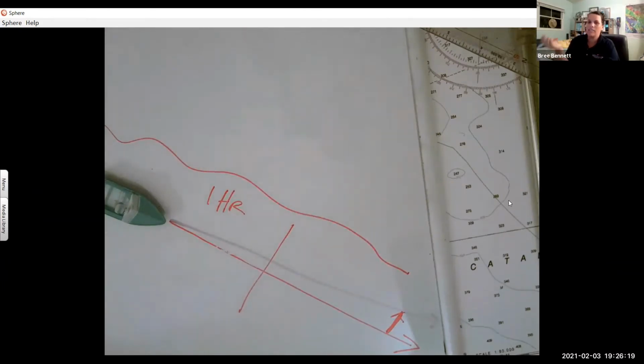It's much more fuel efficient, but I know fuel efficiency is not your main priority, or time ETAs is not your main priority. So it all depends on what vessel you're on, what your priorities are, and what type of instruments you have. If you even have the capability of doing an auto track type of autopilot versus just an autopilot that keeps a course. Okay, hopefully that answered your question.